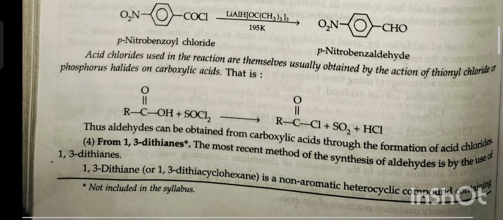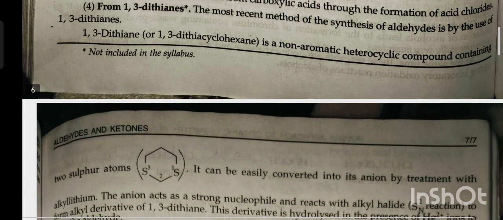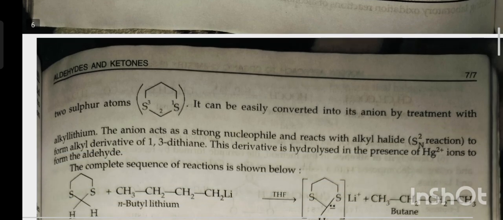Fourth, from 1,3-dithiane. The most recent method of synthesis of aldehyde is by the use of 1,3-dithiane. 1,3-dithiane, or 1,3-dithiacyclohexane, is a non-aromatic heterocyclic compound containing two sulfur atoms. It can be easily converted into an anion by treating with alkyl lithium.